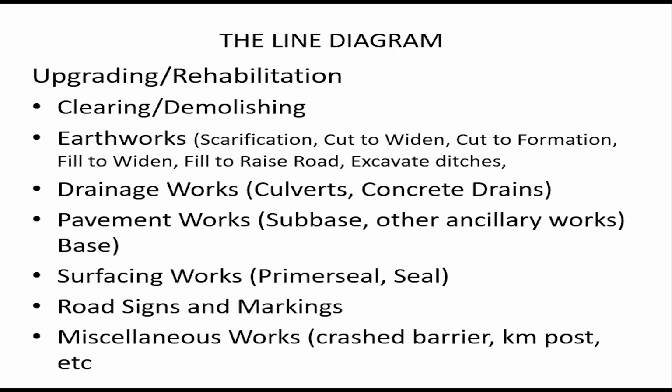Now, the first activity, upgrading or rehabilitation, these are the activities involved in order to achieve the upgrading or rehabilitation. So when you go onto the field to do your line diagram, you need to take these things into consideration. That is clearing or demolishing, earthworks, which is scarification, cut to widen, cut to formation, fill to widen, fill to raise roads, excavate ditches, and then drainage structures or drainage works.